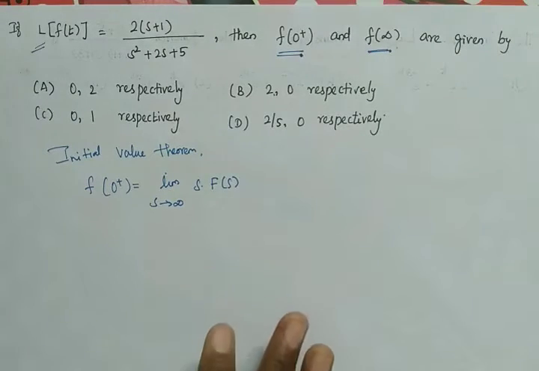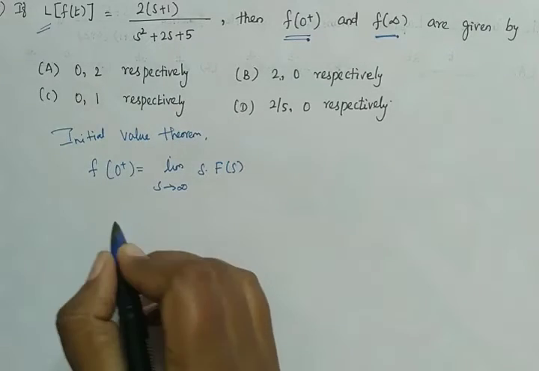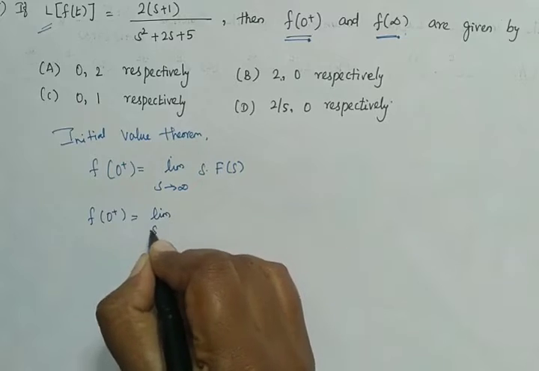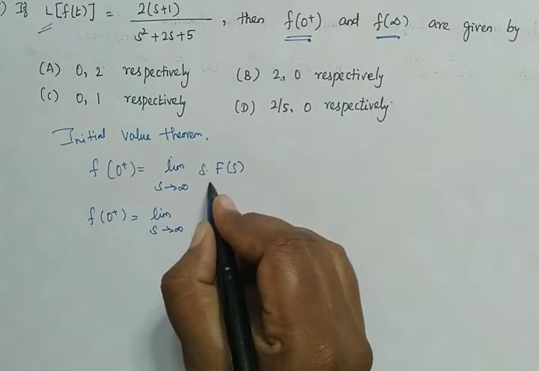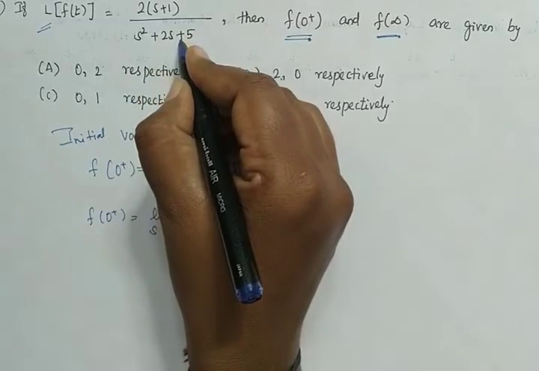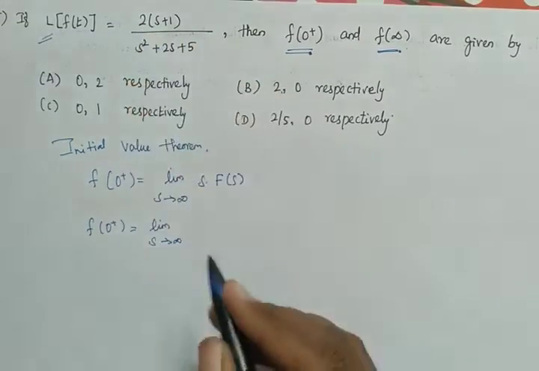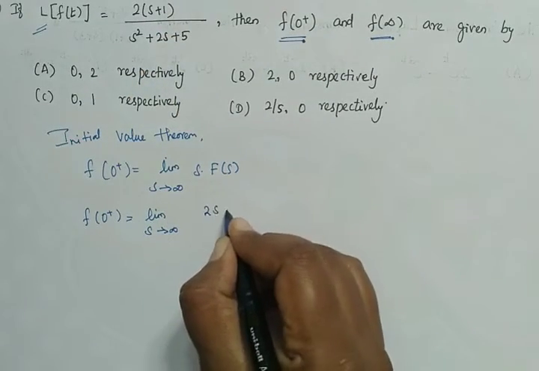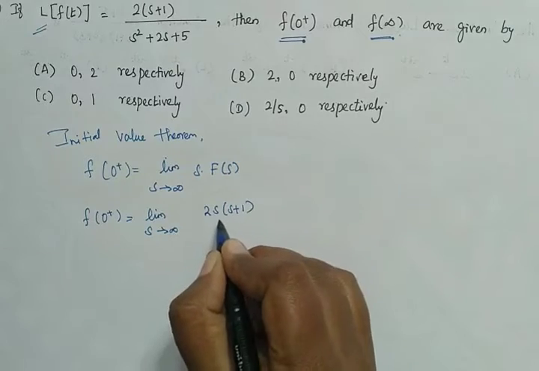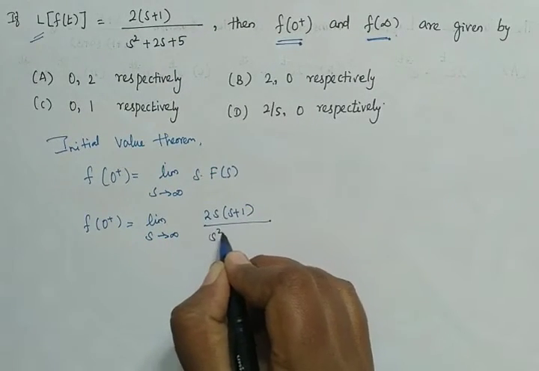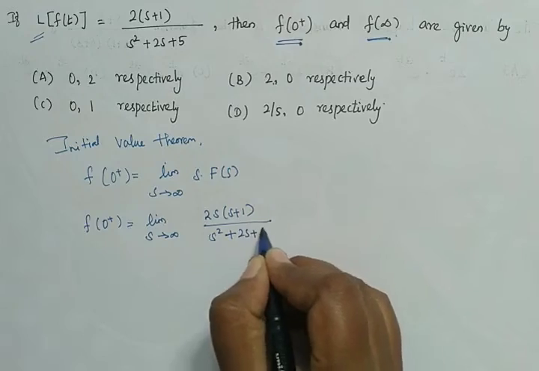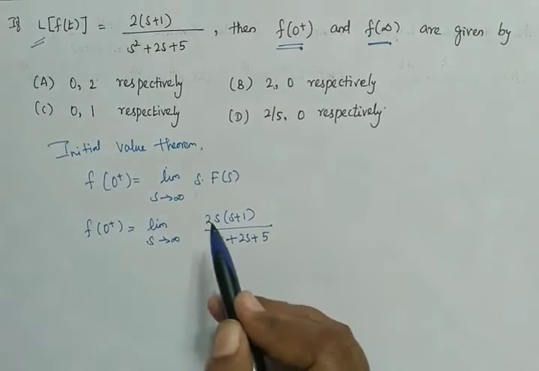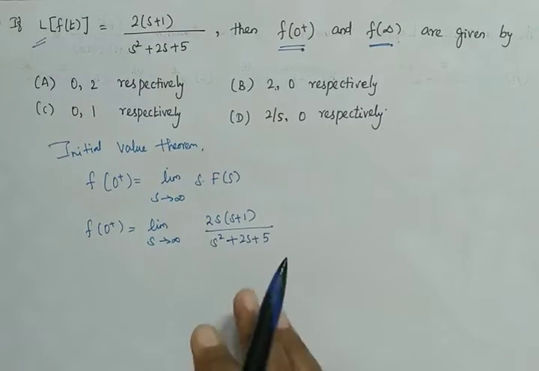Now we are going to substitute the value here. The initial value f of 0 plus will be equal to limit s tends to infinity of s into F of s. What is F of s? From the question we have 2 into s plus 1 divided by s square plus 2s plus 5, and here we have s, so s into 2 into s plus 1 by s square plus 2s plus 5.